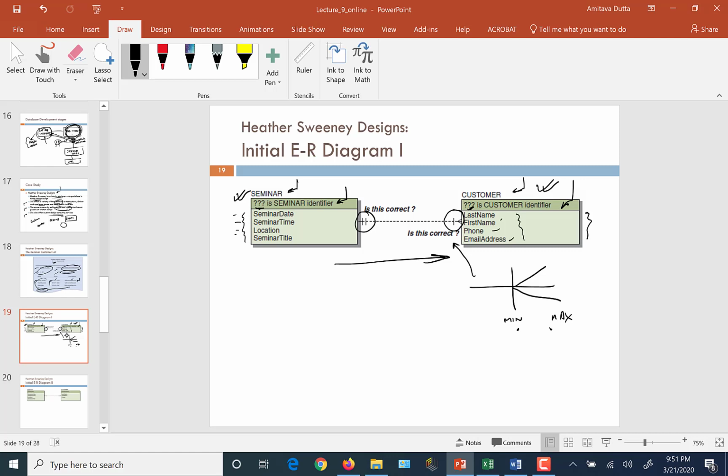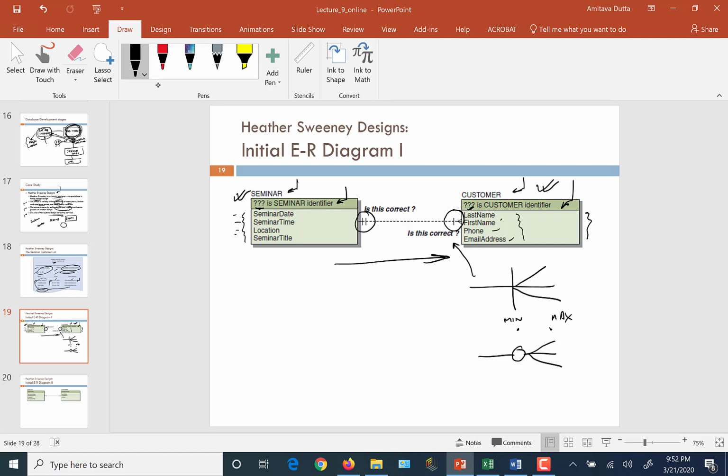However, if you allow a seminar to be posted and announced even when there is no customer, then the minimum cardinality should be 0. Rather, let me draw it properly. Then the minimum cardinality should be 0 and the maximum cardinality should be many.